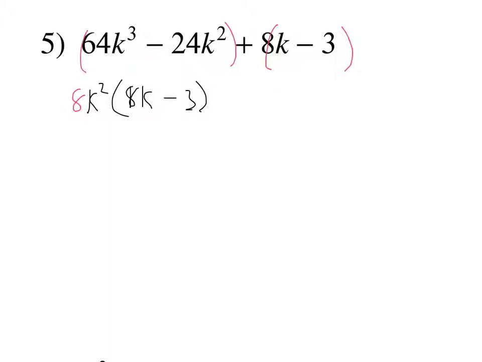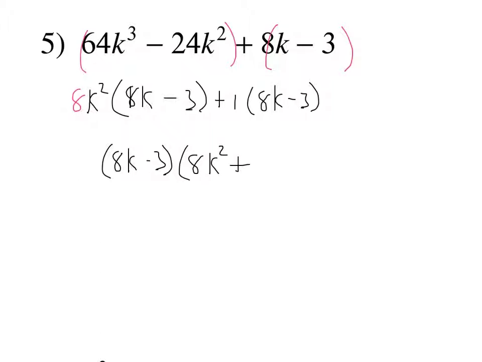Second group, can we factor anything out? No, but what do we pull out as a placeholder? A 1. So plus 1 times 8k minus 3. Now we can factor out the 8k minus 3 binomial, which leaves us with 8k squared plus 1. Any questions on that? Anything else you'd like to see?